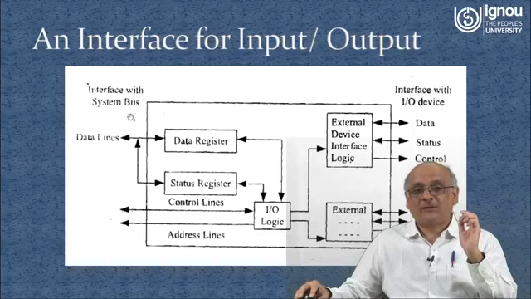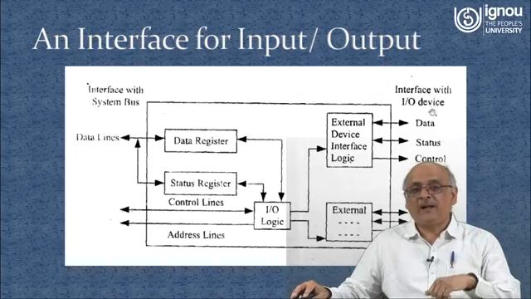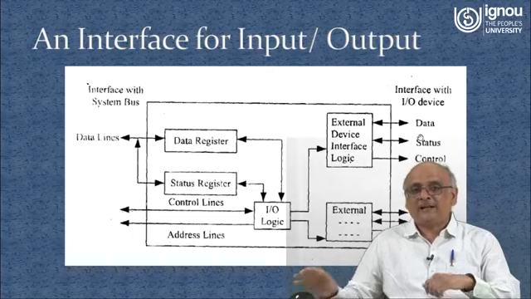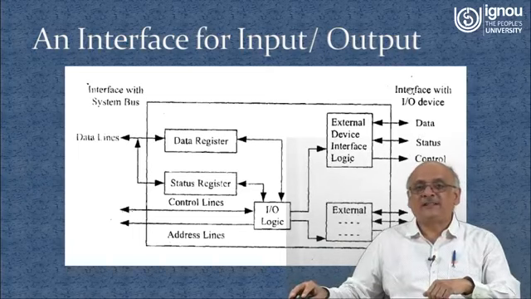So we have an interface with the system bus controlled by the CPU, and on the other side an interface with the IO device. You need some kind of input-output controller which can understand the speed of the CPU, but smoothen out the speed gap between the two.